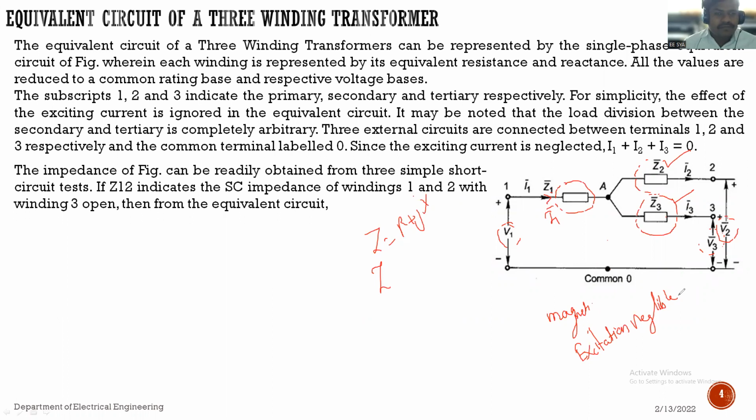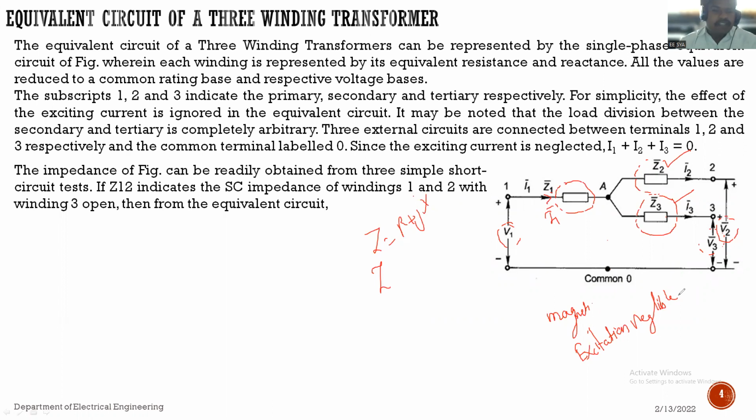See, the load on the secondary and tertiary can be divided, and this division is arbitrary, taking an arbitrary constant. So it is completely arbitrary, and the three external circuits are connected between terminal 1, terminal 2 and terminal 3.